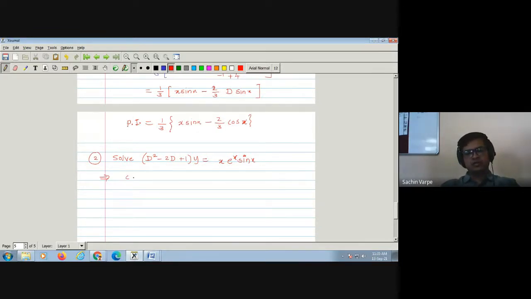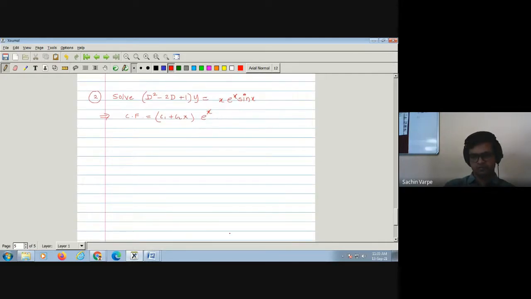So I can directly write the complementary function, that is c1 plus c2x e to the power x. So here, for such questions, first we use the e raised to ax into v case.